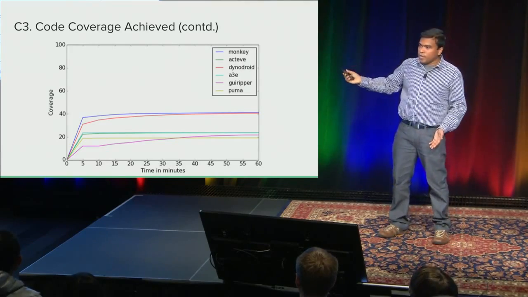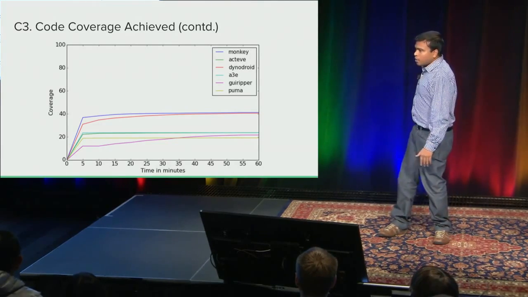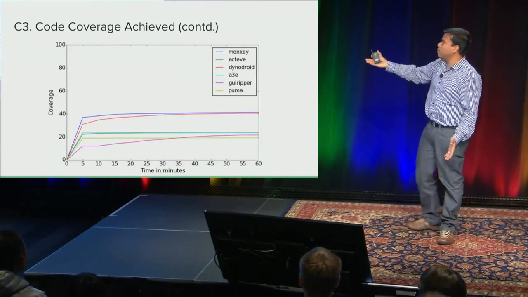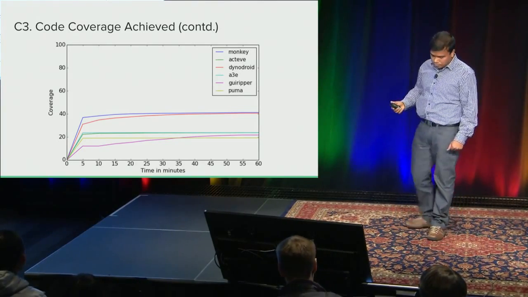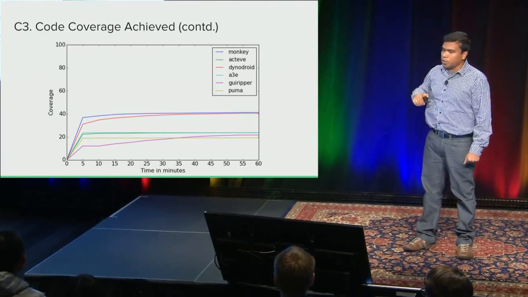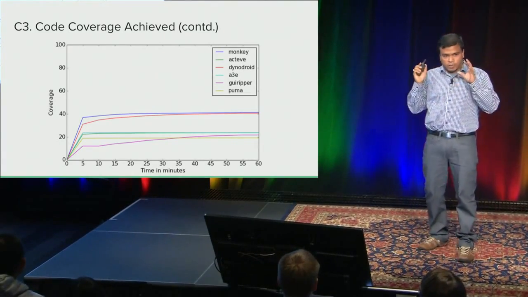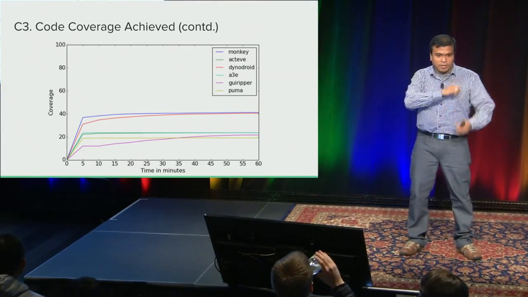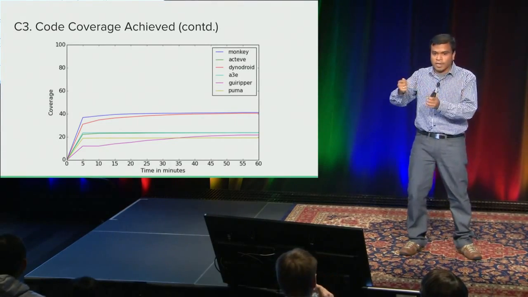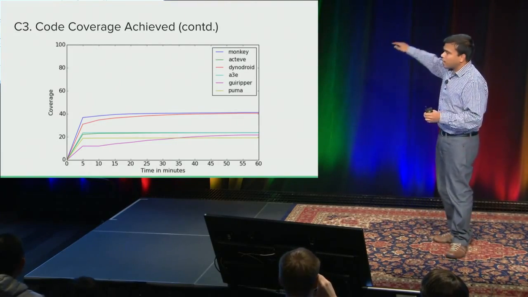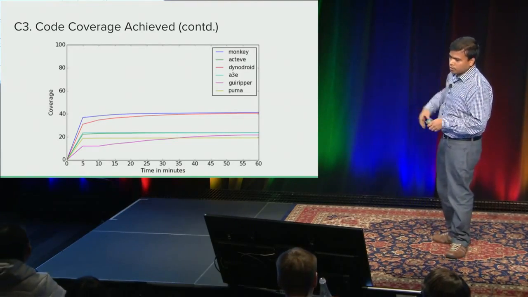This shows that even if we had run this experiment for another hour, it would still have been flat, so it wouldn't have improved the results drastically. The only exception here is the pink line, which is the GUIRipper tool. What that tool does is it creates VM snapshots at intermediate steps, and it restarts the application from those snapshots. Because of these continuous restarts, it takes a long time for that tool to reach its max coverage. Okay.